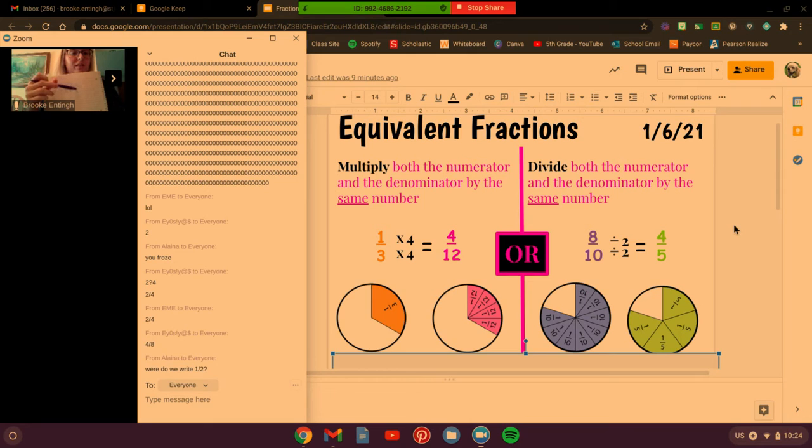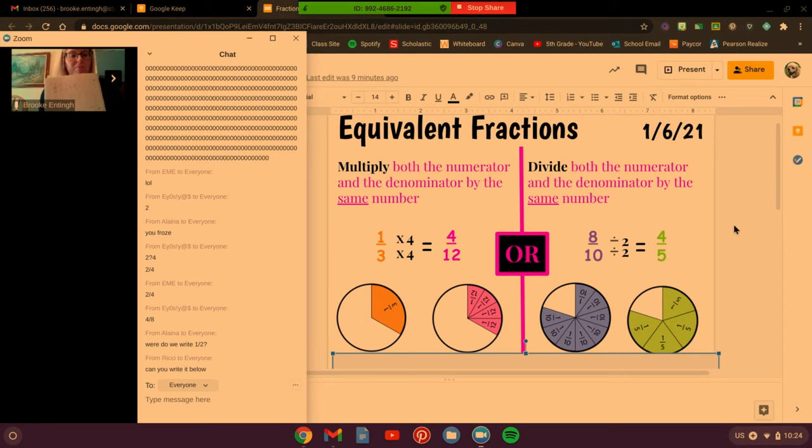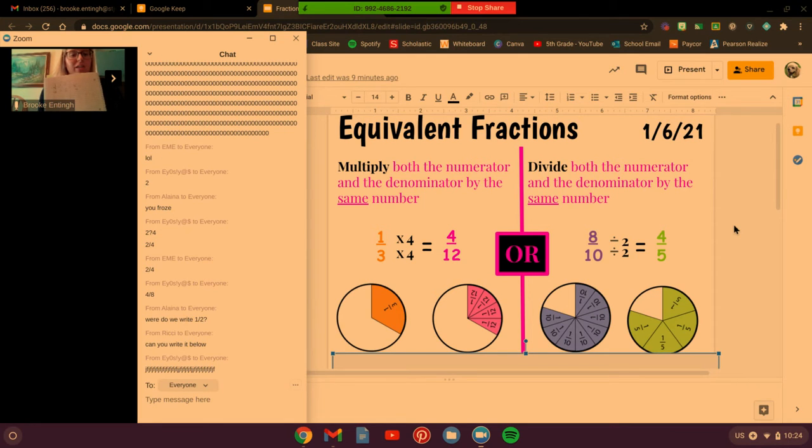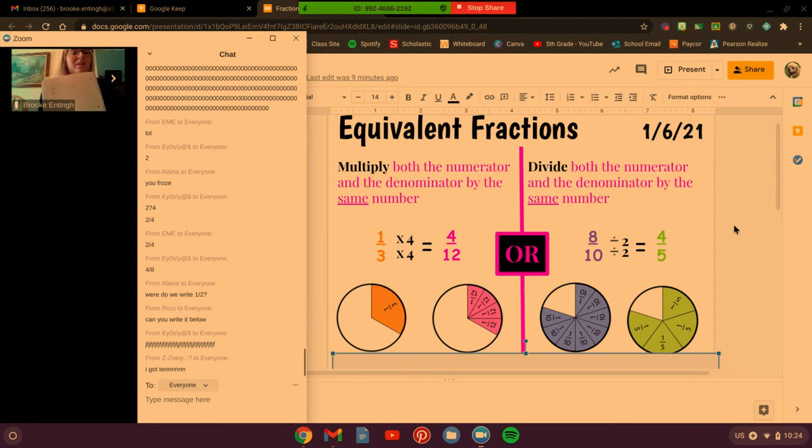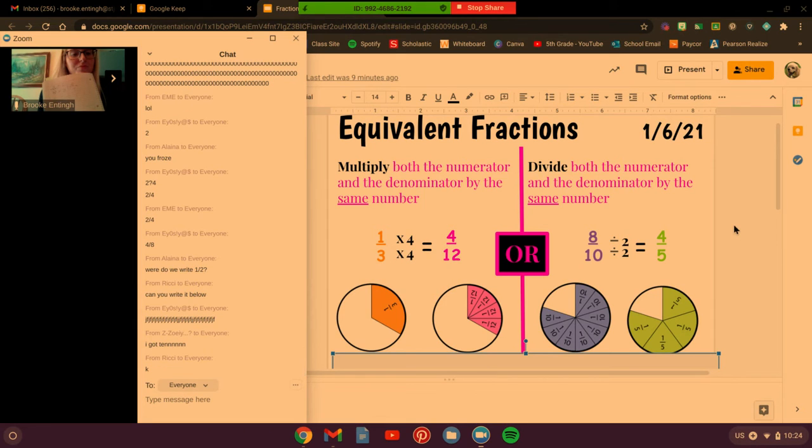So 2/4 would be an equivalent fraction to 1/2. So you choose where you write it. All right. Richie, I'm going to say don't write it below because we're going to be taking notes below. Thank you.